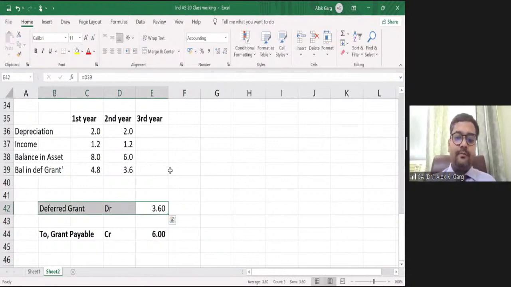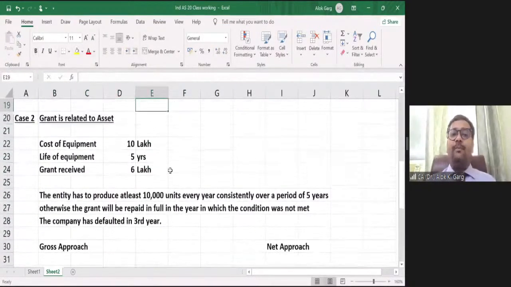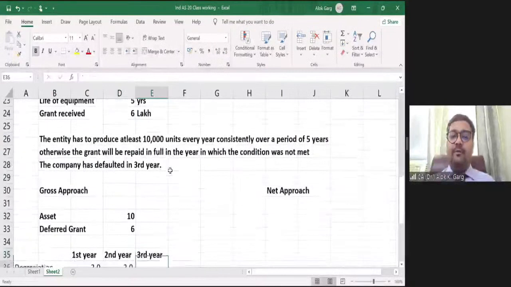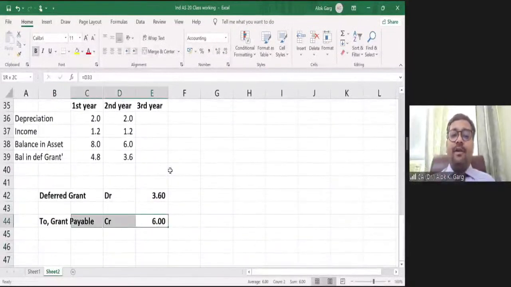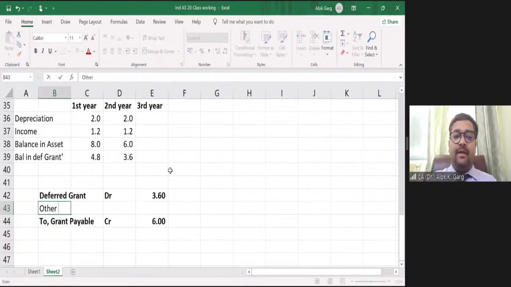Now the standard says that since you have taken a gross approach and you have shown the asset at full fair value, whatever difference is there will be debited as other expense in the P&L.